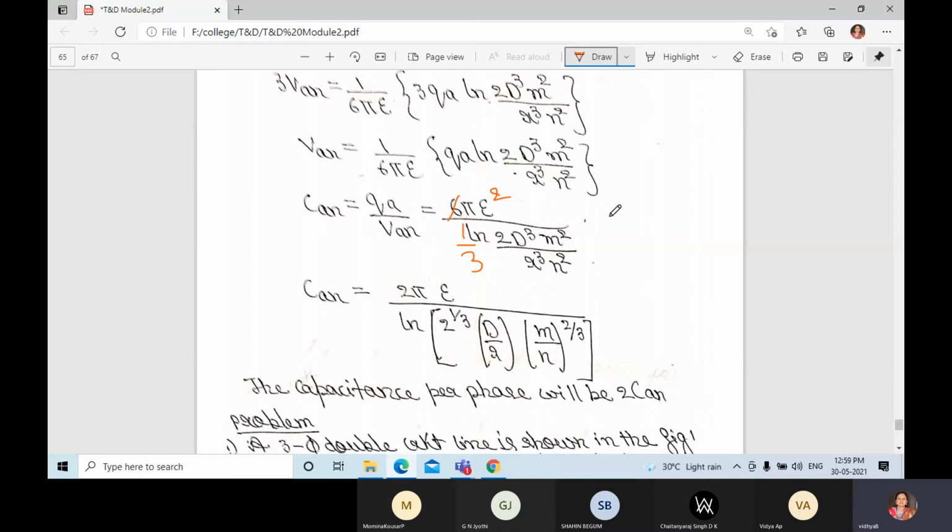So A log B means log B to the power of A. That is what they have done here: ln 2 to the power of 1 by 3 D divided by R, because cube is there, so it gets cancelled, M by N to the power of 2 by 3. This is CAN. If we are considering the capacitance per phase, then it will be 2 times CAN.